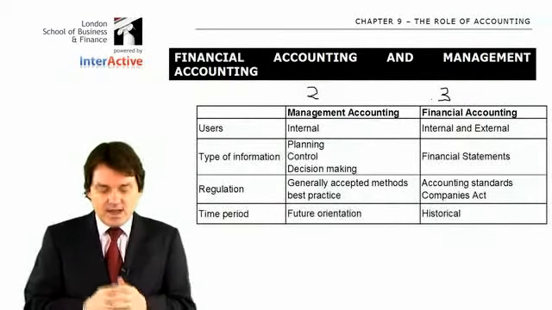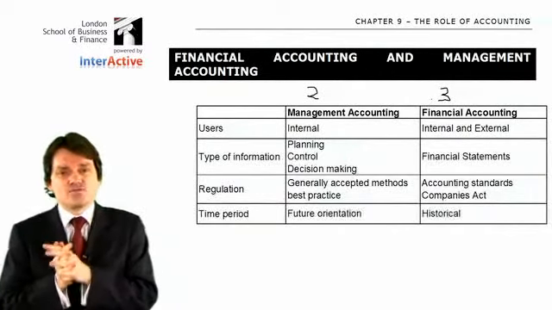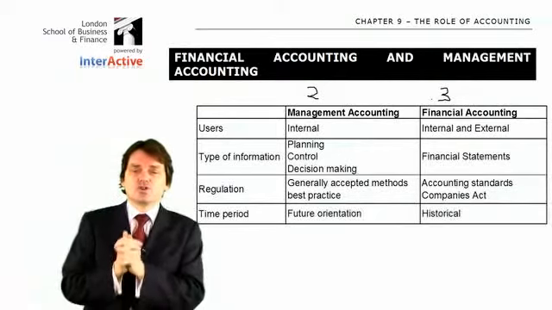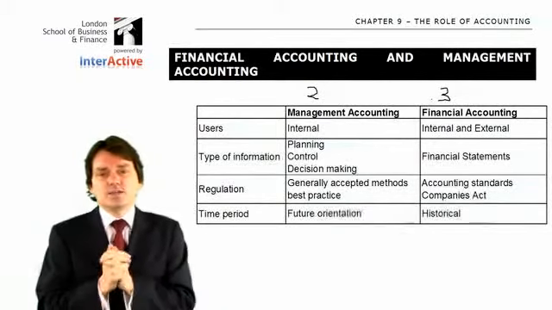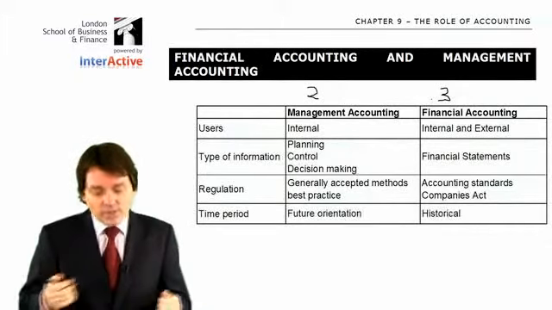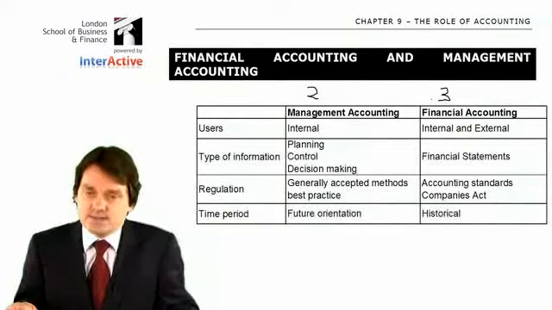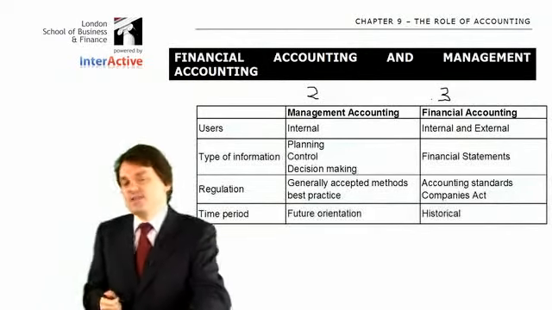Final bit we've got down there, they are looking backwards. When you are talking about F3, you are pretty much always talking about things which have already happened. Now, one of the things that makes, I think, F3, it's not easy. I'm not going to lie to you and say that F3 is easy, because it isn't.